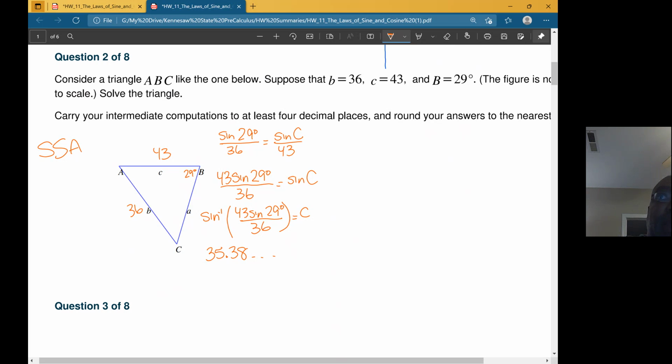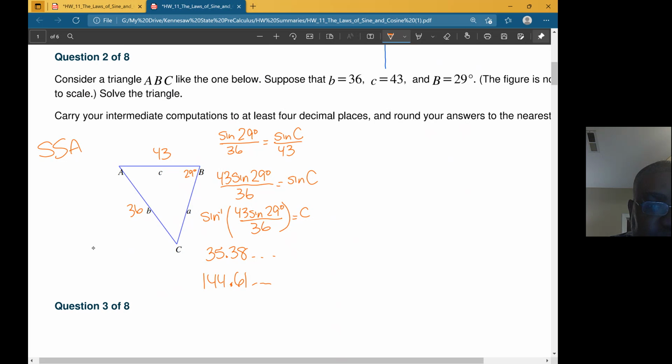Now, if I do 180 minus this answer, this lets me know if I have an ambiguous case or not. Boom. I do. Because if I do 180 minus that, I get 144.61, and so on and so forth.